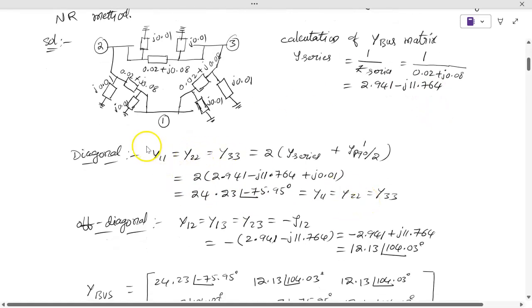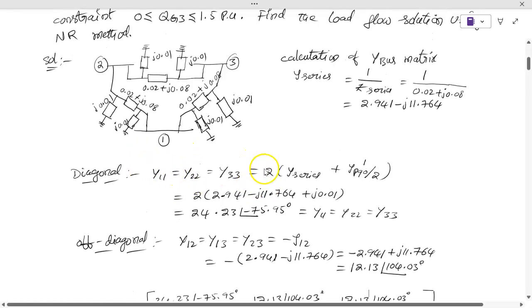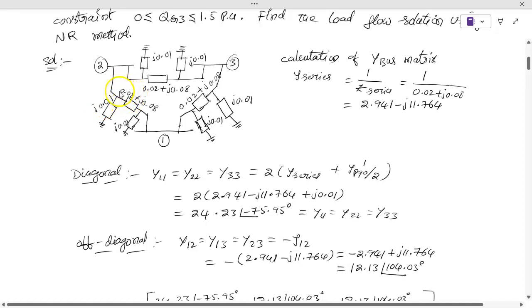Now the diagonal elements y11, y22, y33: all series impedances and series admittances are the same, because for each line they have given the same value. All shunt admittances are also the same. So y11 is equal to y22 is equal to y33.